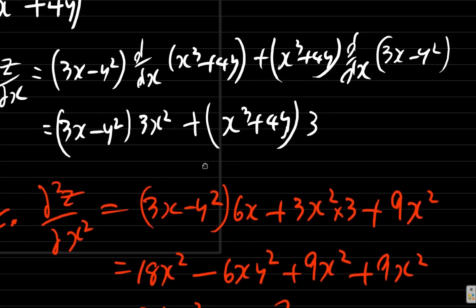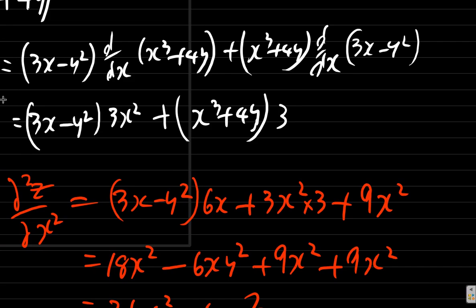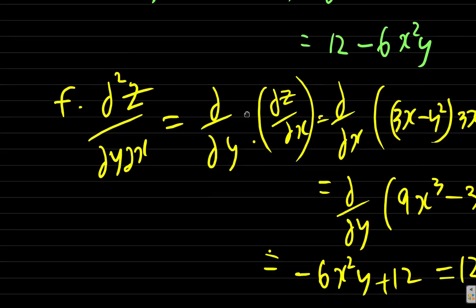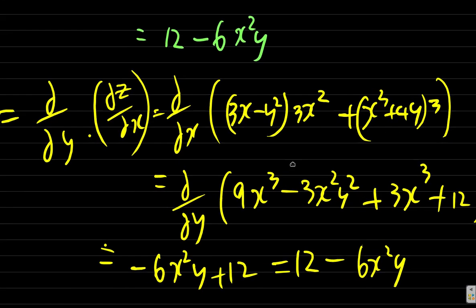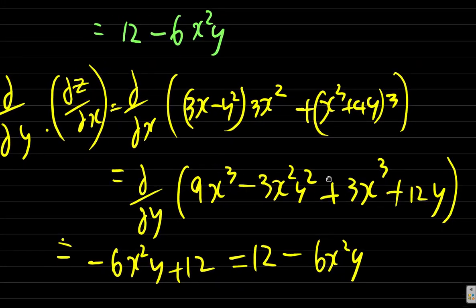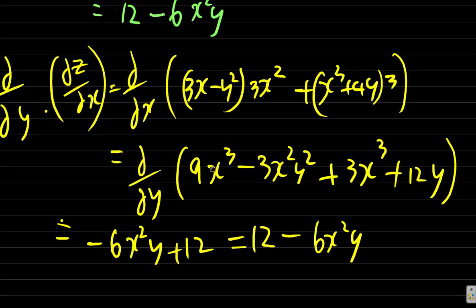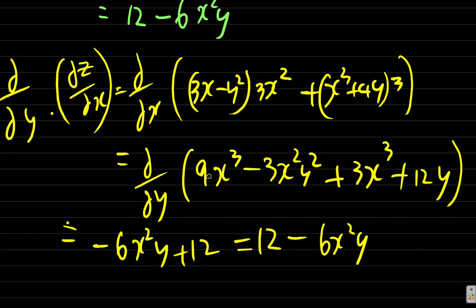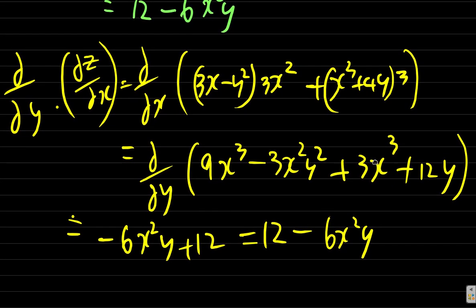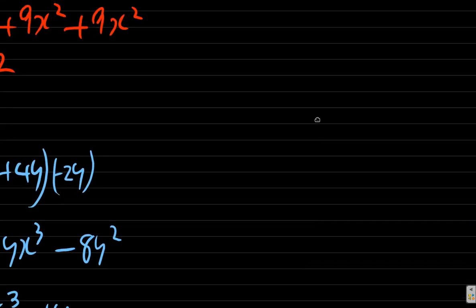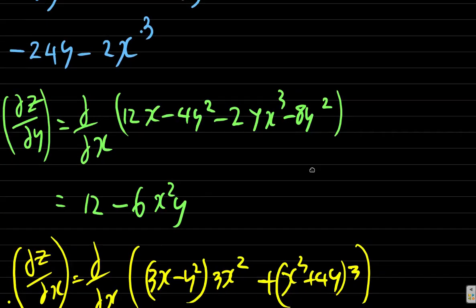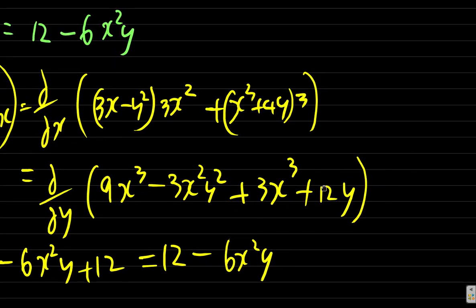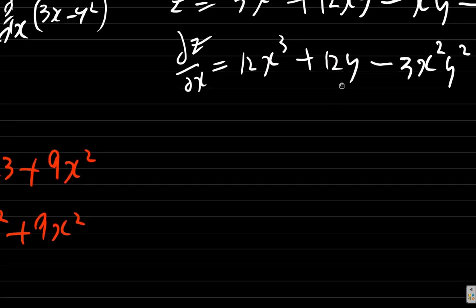Delta z by delta x. When you multiply out this, I didn't add the 9 and the 3. 9x cubed plus 3x cubed gives you 12x cubed. So it's okay. This is 12x cubed, alright? And after that, you have plus 12y plus 12y.